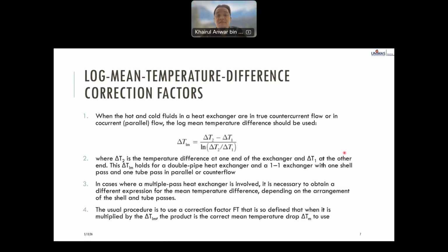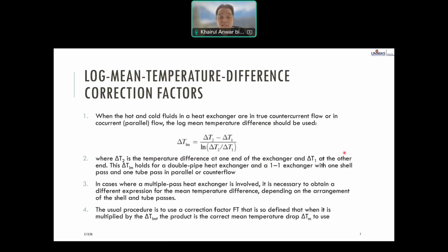Log mean temperature difference and correction factor. When the hot and cold fluid in a heat exchanger are in true countercurrent flow or in cocurrent flow, the log mean temperature difference should be used.